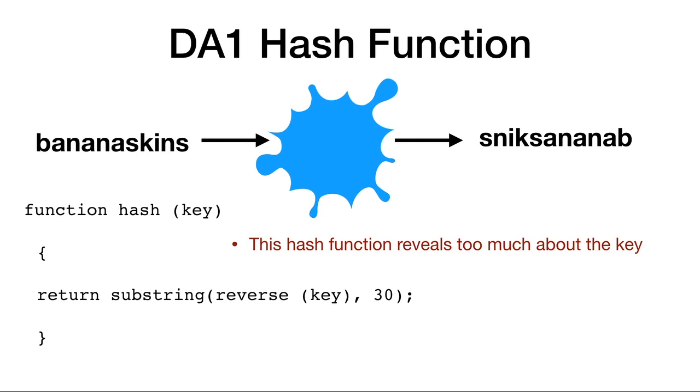Now, for longer keys, it doesn't tell you exactly what the key was, but it still tells you way too much. So I call this DA1 hash function, or dumbass1, okay? Because this is a particularly poor hash function.